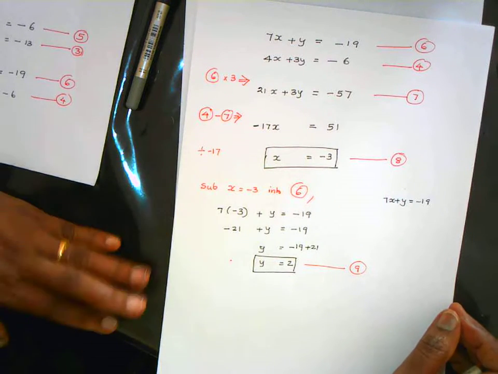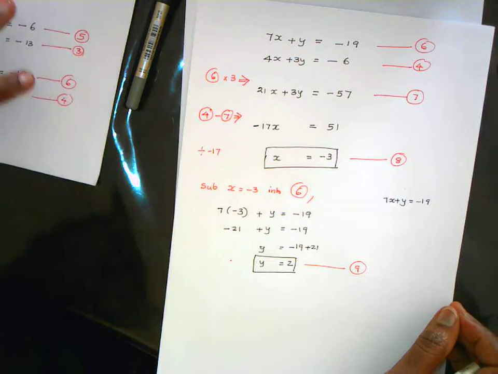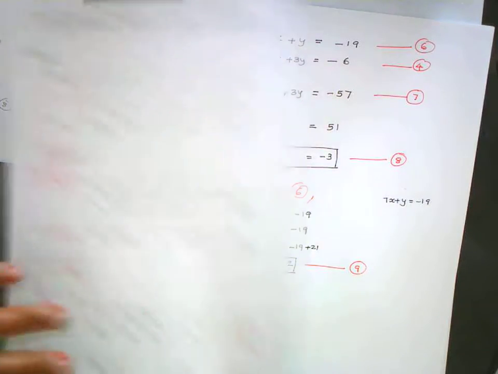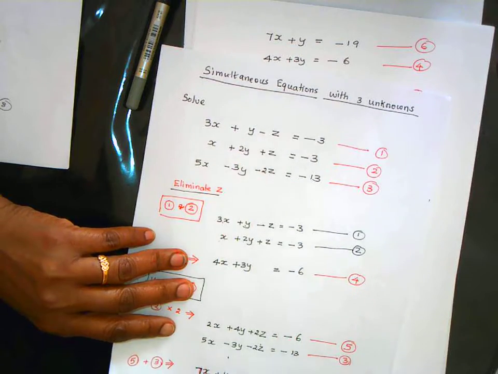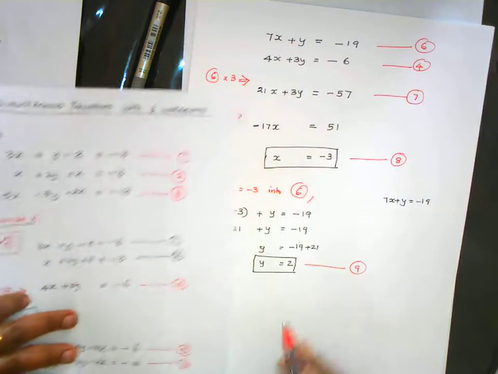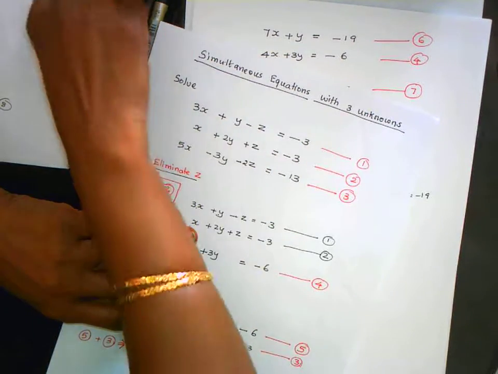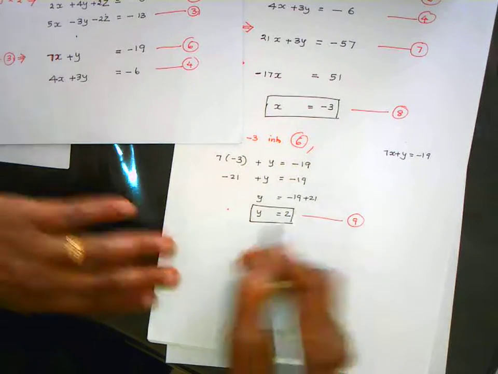The question is not over yet. We have to go back to the original question where you have to find x, y, z. What I can do is sub the x and y values into one of these equations. So maybe I want to choose equation 2.